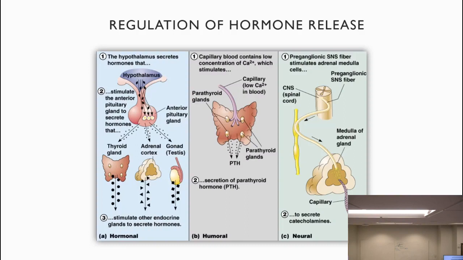And these final glands here are going to produce thyroid hormone, cortisol, and testosterone, estrogen, progesterone, depending on pregnancy or phase of the menstrual cycle. But simply, hormonal regulation: one hormone stimulates the release of another hormone, and that one stimulates the other, and that one makes a negative feedback on the first one, the hypothalamus and pituitary.